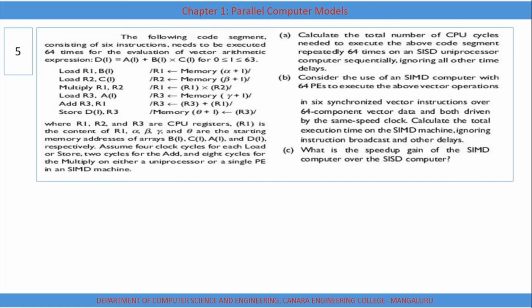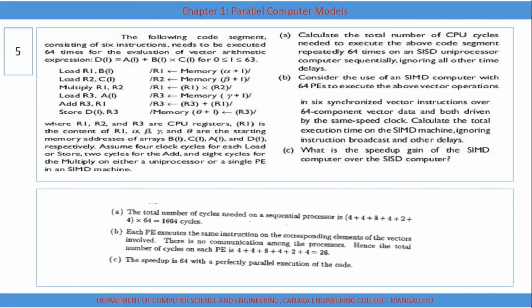Question B. Consider the use of an SIMD computer with 64 processing elements to execute the above vector operations in 6 synchronized vector instructions over 64 component vector data, both driven by the same speed clock. Calculate the total execution time on the SIMD machine, ignoring instruction broadcast and other delays. Last question: what is the speedup gain of the SIMD computer over the SISD computer?